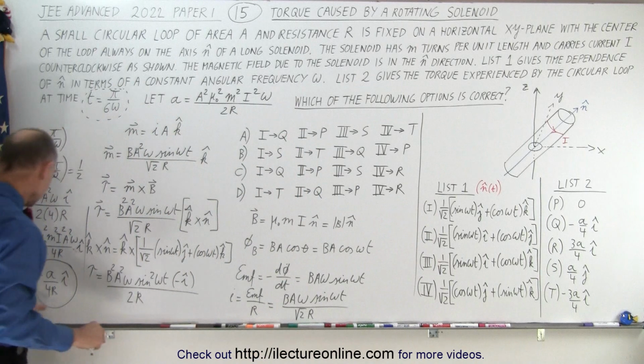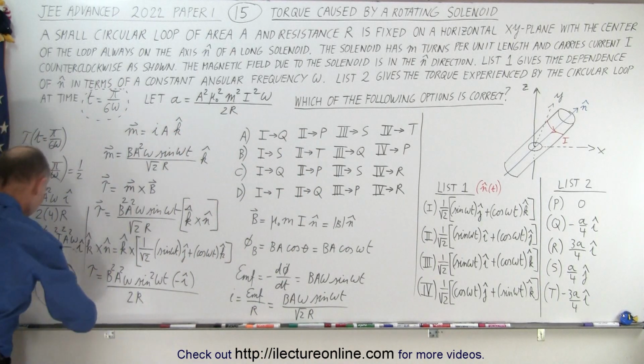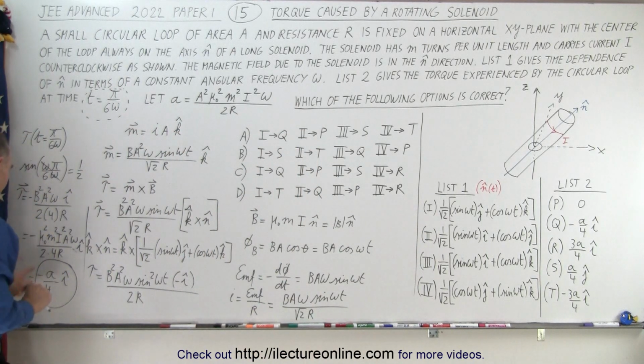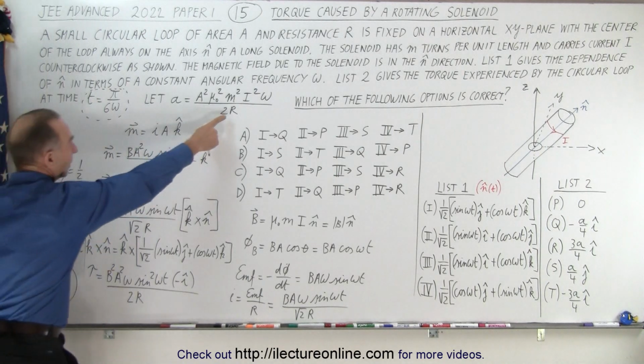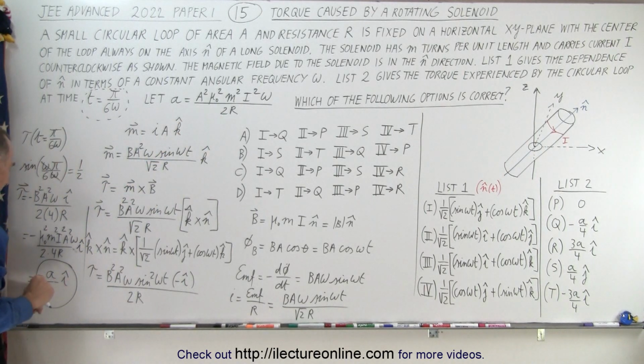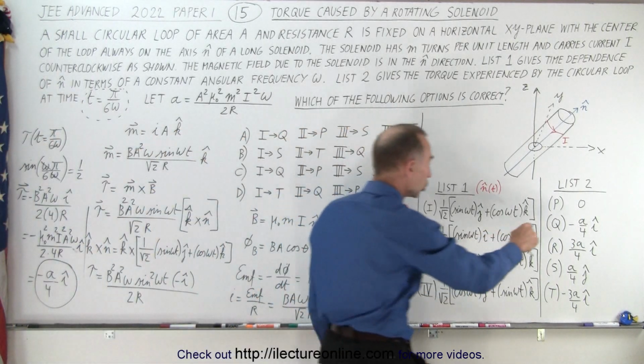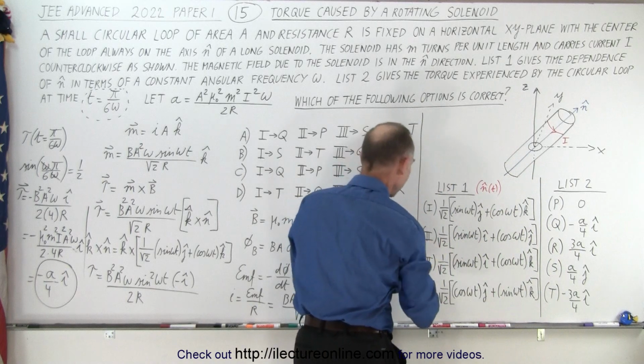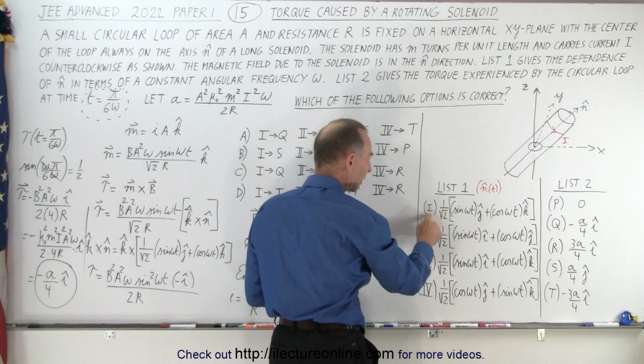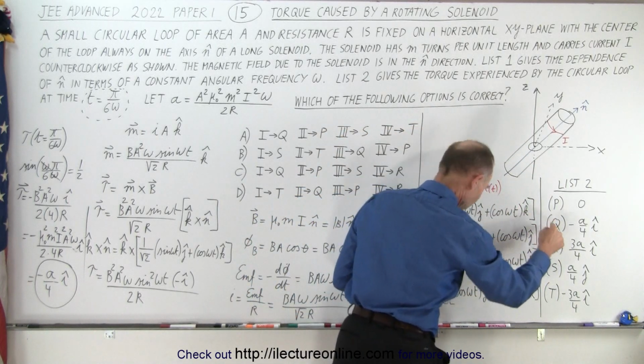And, oh, wait a minute, the r is gone. I don't have an r, like that. So minus a over 4 in the i direction. The r is already taken care of by this expression right here, by the a. And so minus a over 4 in the i direction gives me q. So if I pick 1, I have an answer q.